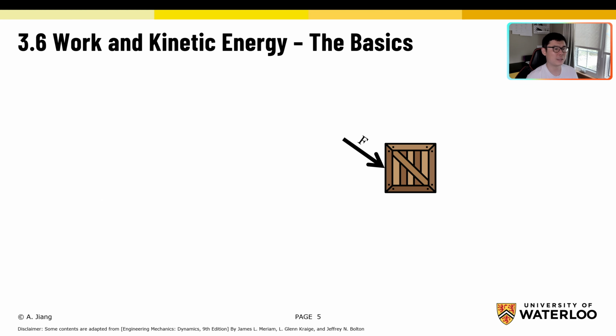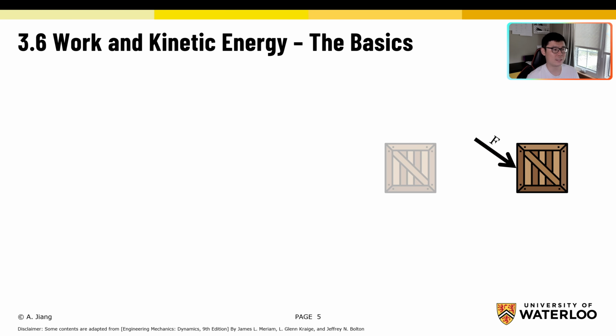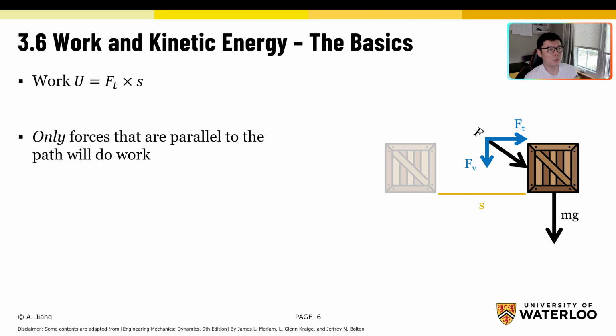Let's consider this crate again. This time it is being pushed by a constant force F at an angle over distance s. What's happening now? Well, recall that on the previous slide we said only forces that are parallel to the path will do work.